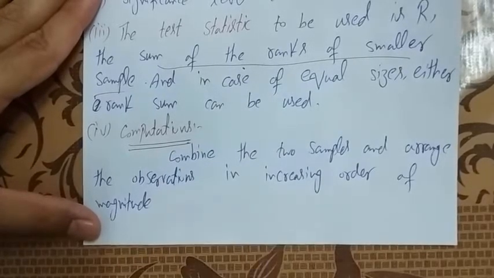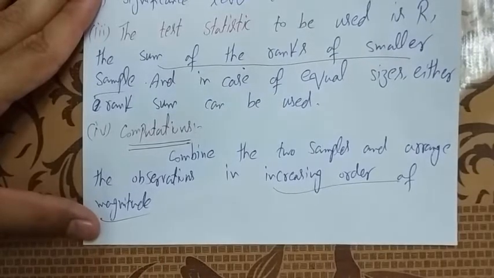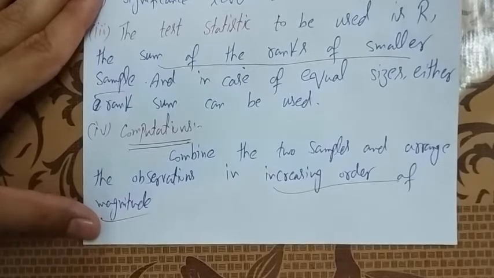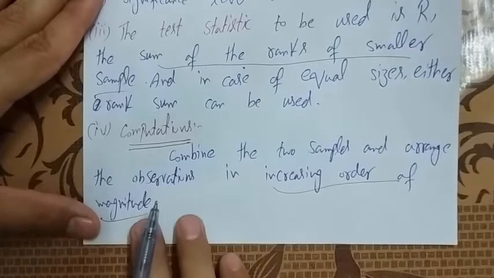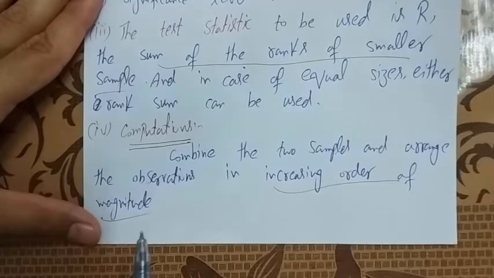Increasing order here means simply that you have to write sample 1 and sample 2 in ascending order, from lower value to upper value, and then you assign the ranks for each value.